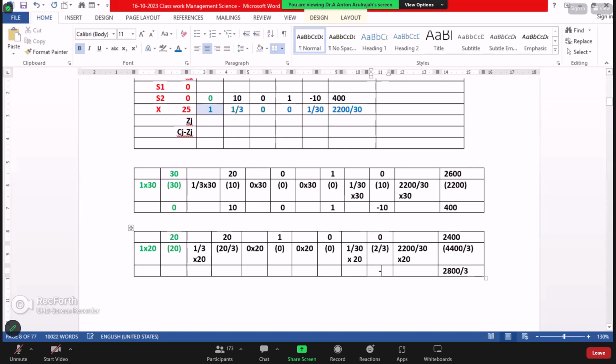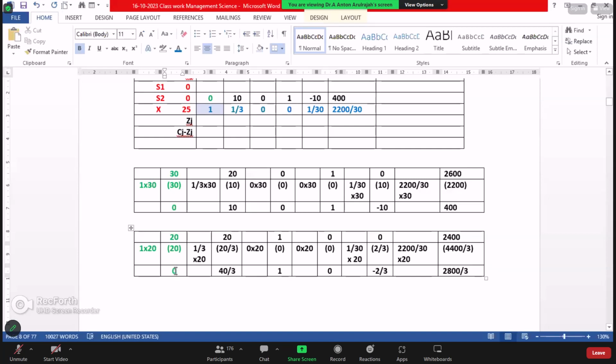So here minus 2 by 3, here 0, here 1, here too much. 20 minus 20 by 3 is about 40 by 2. Don't convert to decimal, that is difficult for you, and you cannot get the exact answer also. Here 0.